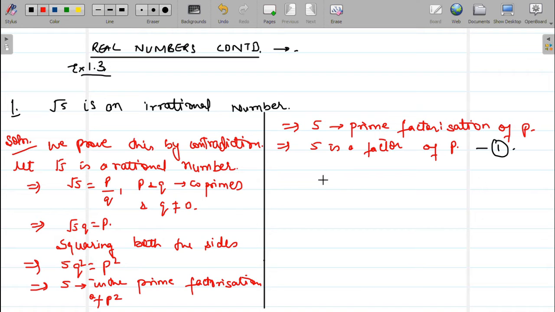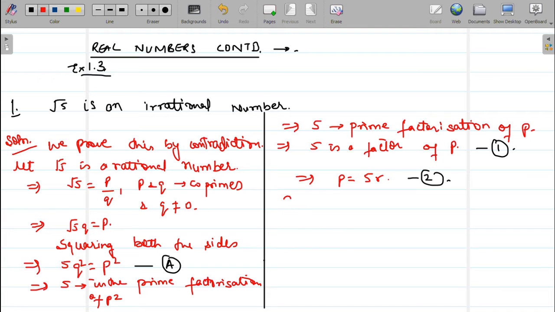We'll be needing this. So now if 5 is a factor of p, I should be able to write p as 5 into some r. I can substitute that back. Let this be number 2. Let me mark the earlier equation as equation A, because 1, 2, 3 I have already taken.